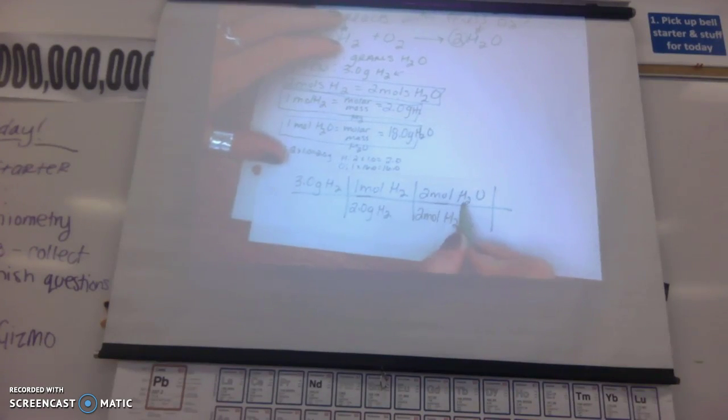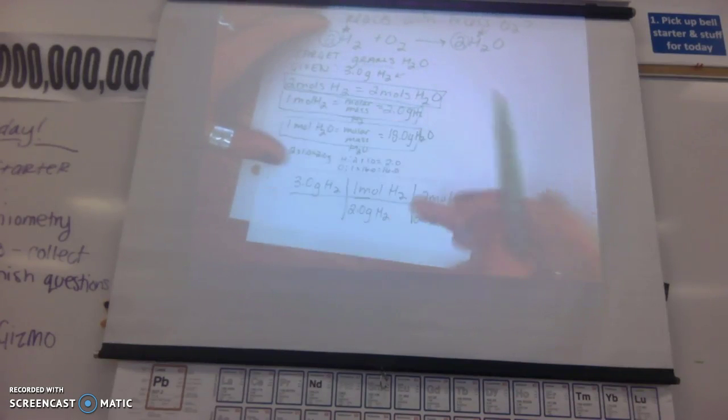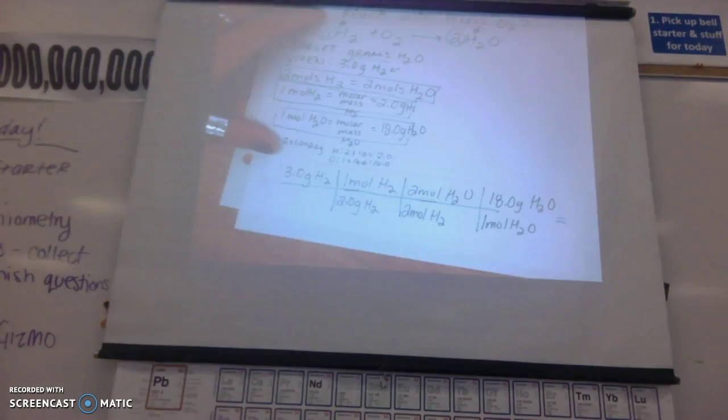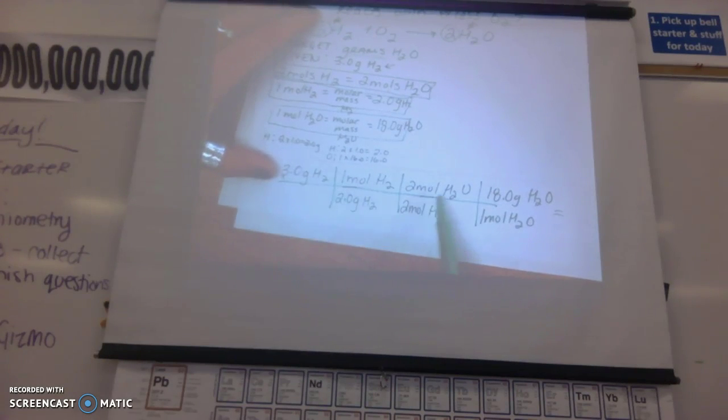Now that I'm in moles of water, I wanted grams of water, so I'll use my last one. 1 mole of H2O is equal to 18 grams of H2O. That's my setup. Start with my given, canceling units until I get to my target units, grams of water.